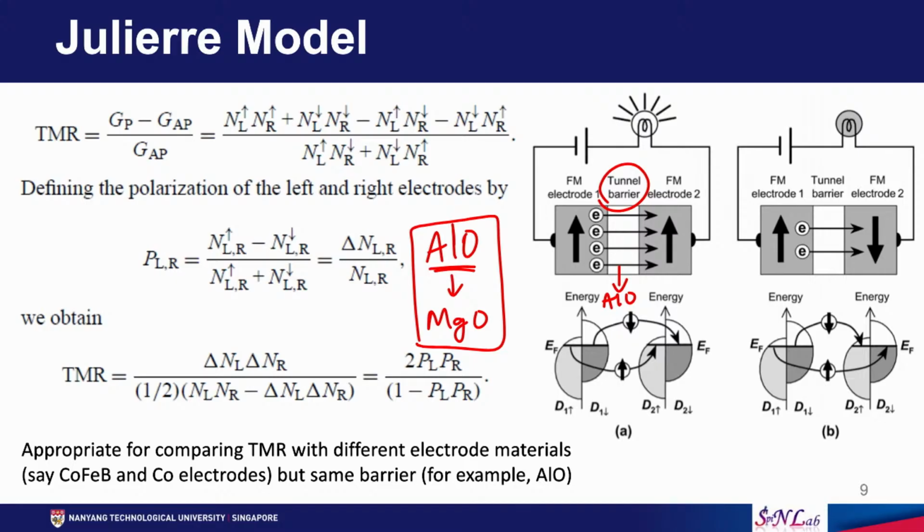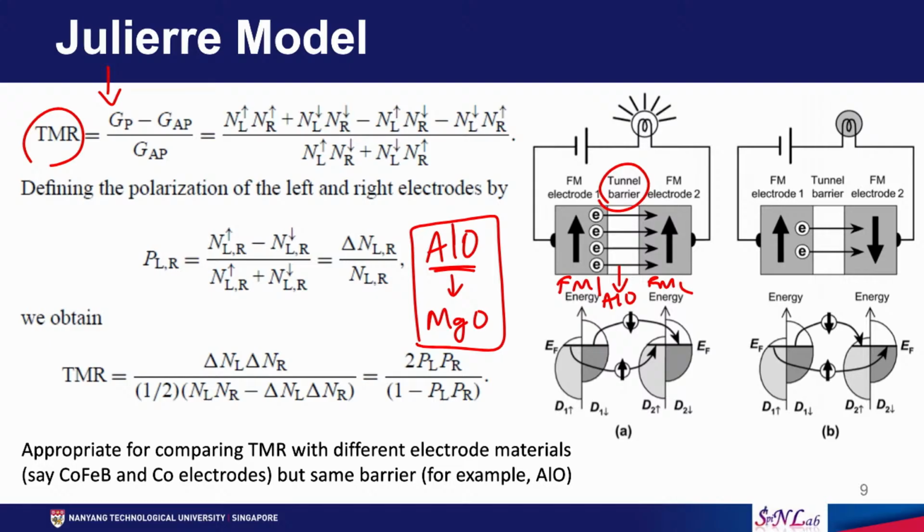So, the TMR value that we get in the Julliere model depends only on ferromagnetic layers 1 and 2. Okay. So, let us say this is ferromagnetic layer 1, this is ferromagnetic layer 2. In the Julliere model, the TMR depends only on these two ferromagnetic layers, it does not discuss the tunnel barrier. So, that is a drawback of this model.